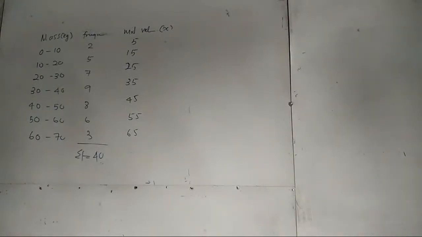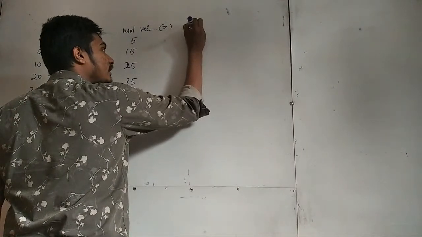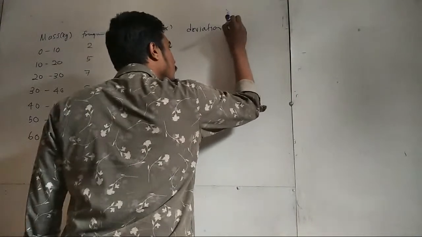But we will also have to remember what deviation means, as it has been ages since we did a problem. Students, there is something called deviation, the symbol is d.